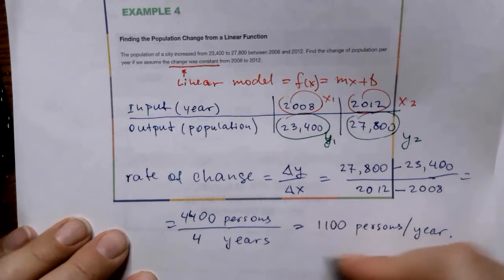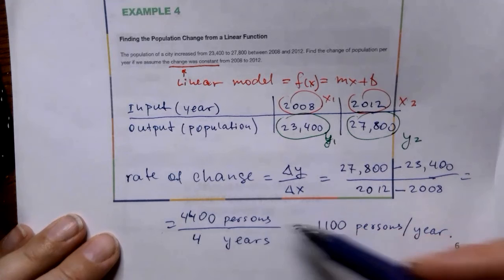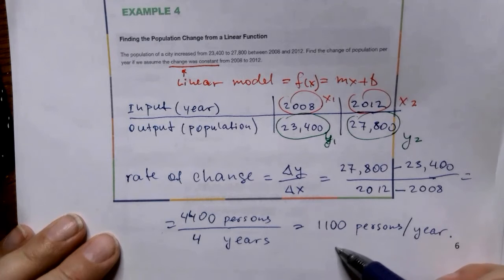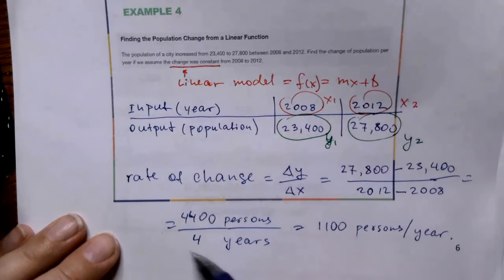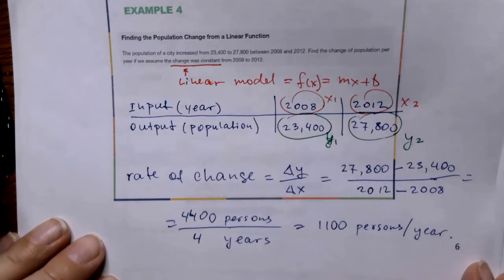So when you're finalizing your rate of change, always divide out your values. Even if you get a decimal here, that's okay. The rate of change is always over 1. So we don't want to keep it as a fraction. Now the question is, is the population increasing or decreasing?